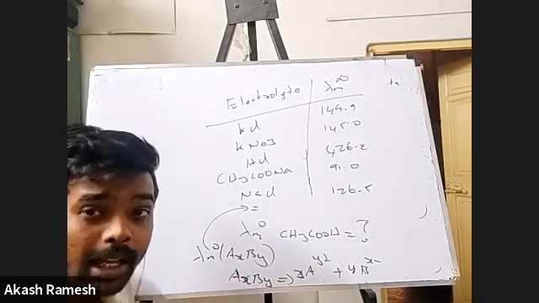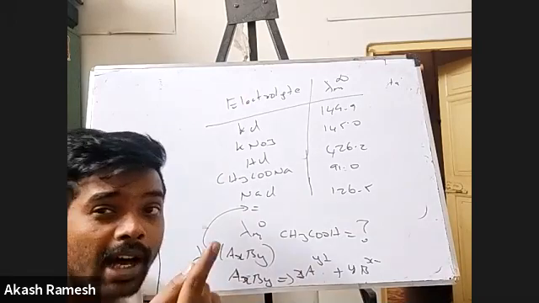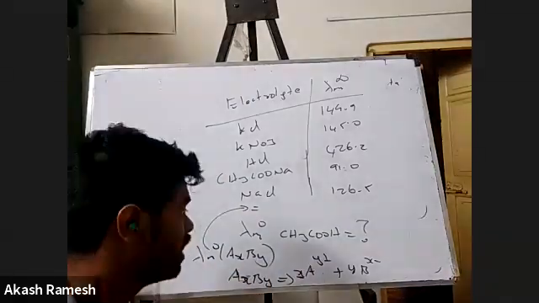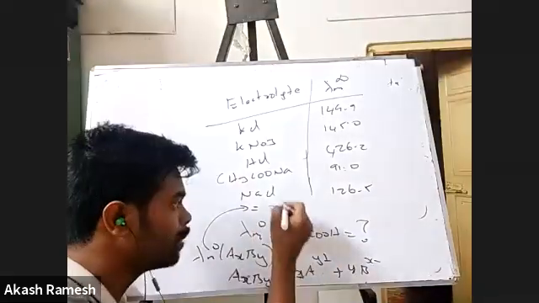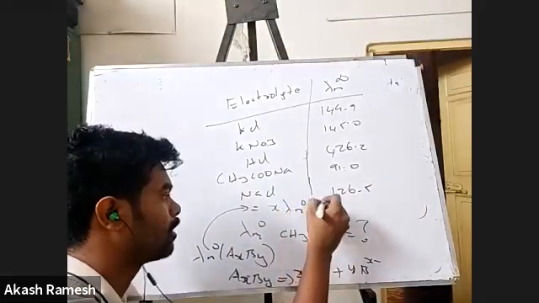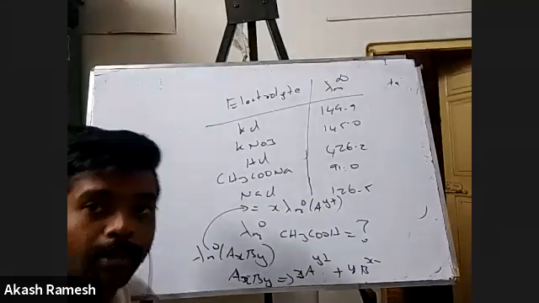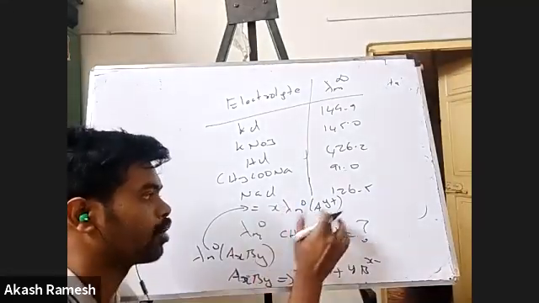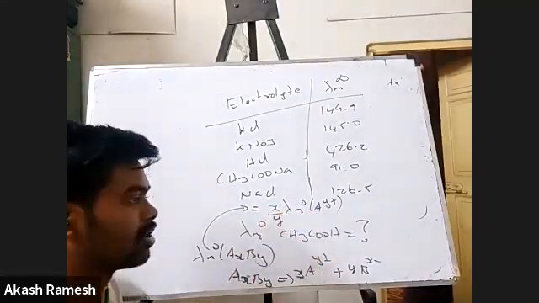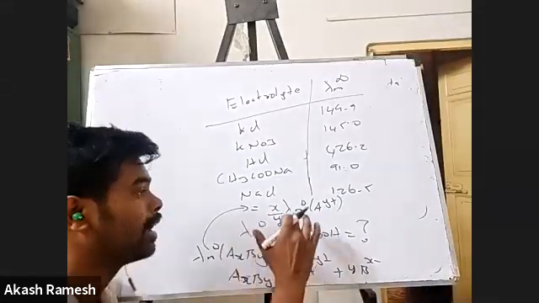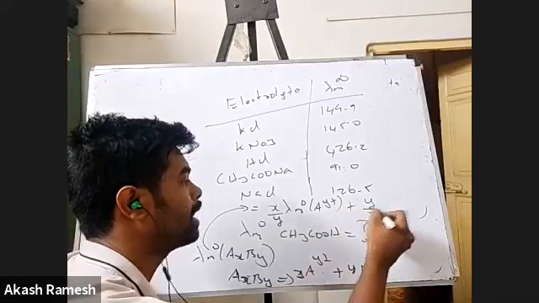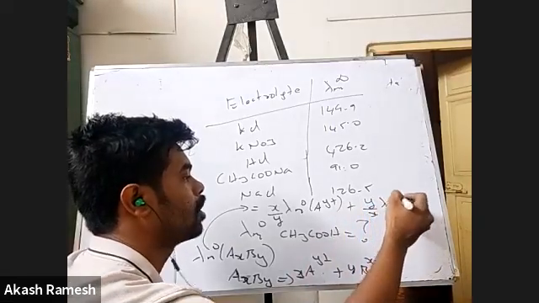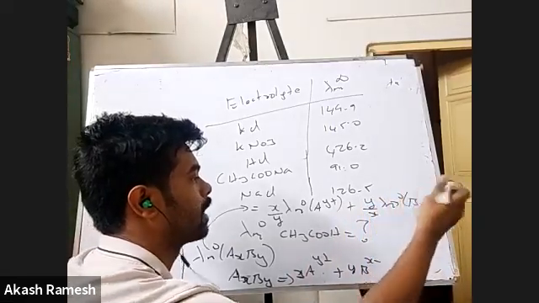You write it as x times lambda m naught of A y plus, but that is not it. You have multiplied the stoichiometric coefficient, but you have to divide it by the charge. So it will be x by y into lambda m naught of A y plus, plus y by x into lambda m naught of B x minus.